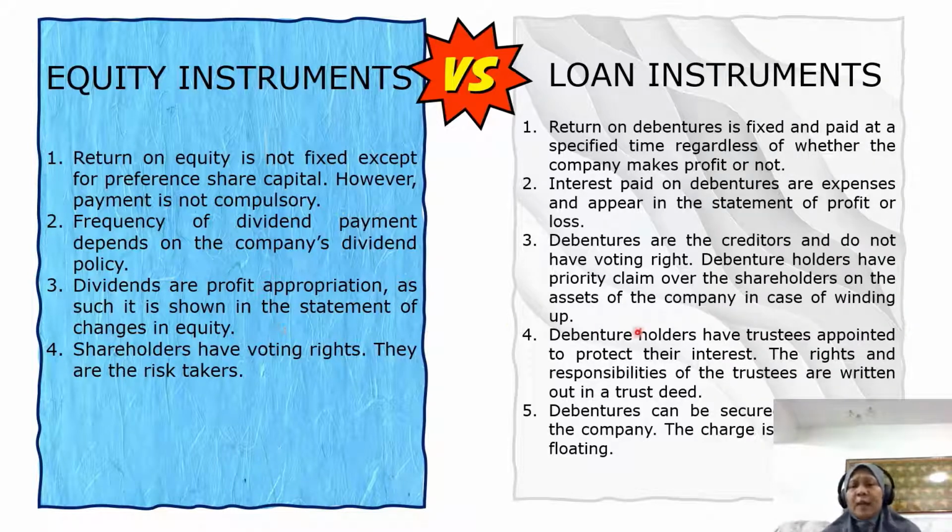But debenture holders have the priority to claim the assets of the company in case the company goes bankrupt, but not shareholders. And the return for loan instruments is known as interest, but for equity it is known as dividend. So those are the famous differences between these two instruments.